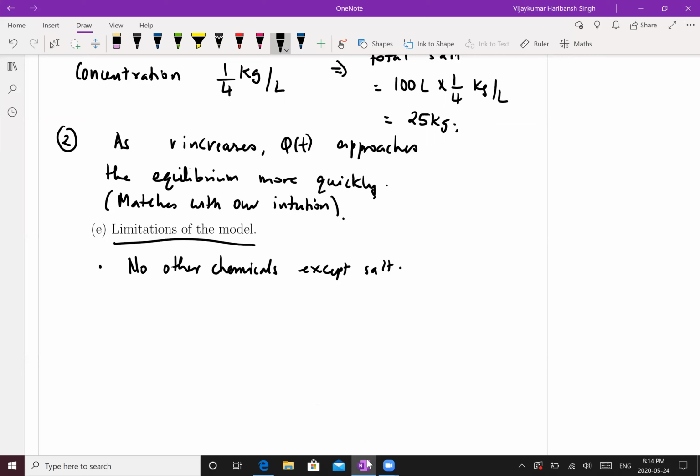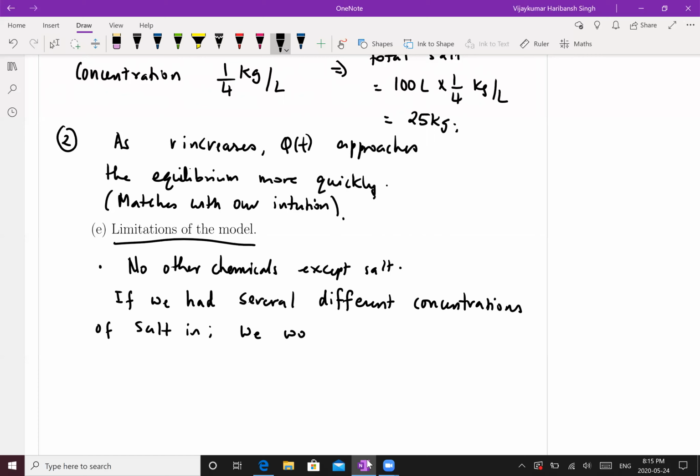If we had several different concentrations of salt coming in, we would need a system of differential equations.